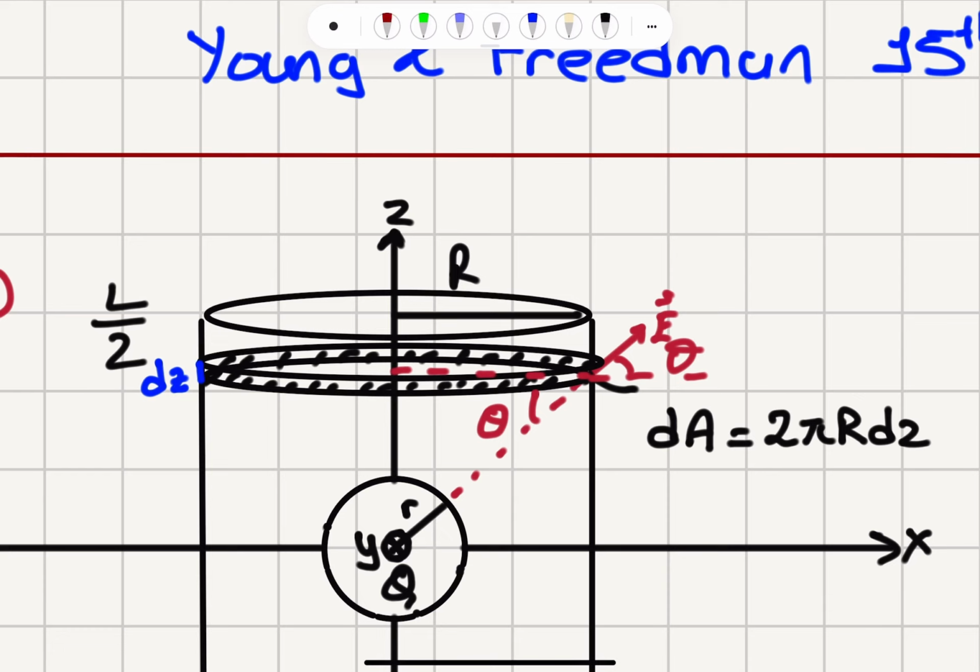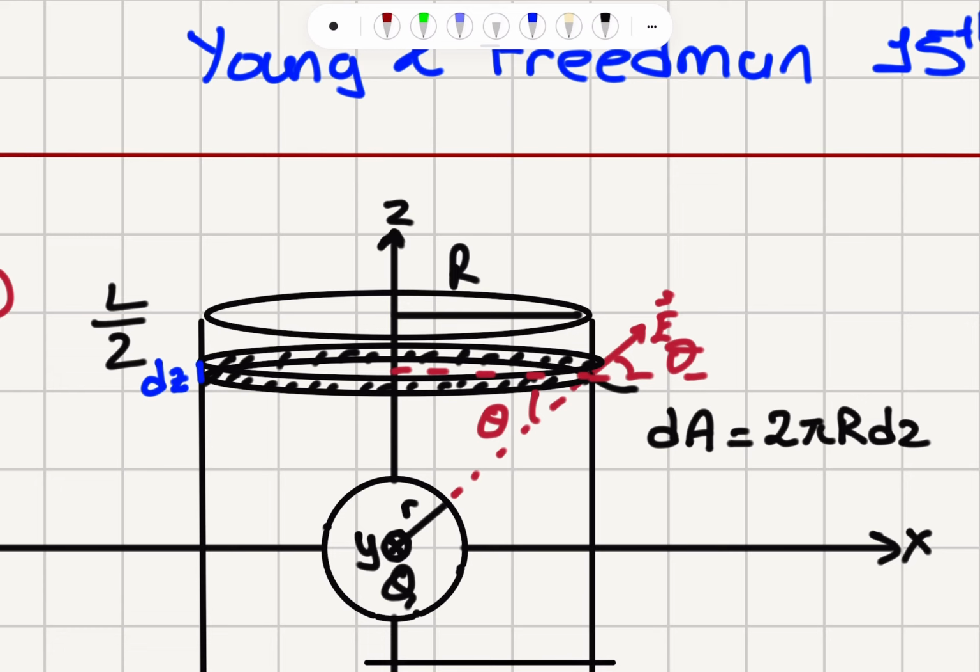Now this uniformly charged sphere inside will create an electric field on this rounded side. So let's say that this electric field is making an angle theta with respect to the horizontal axis, the x-axis here.